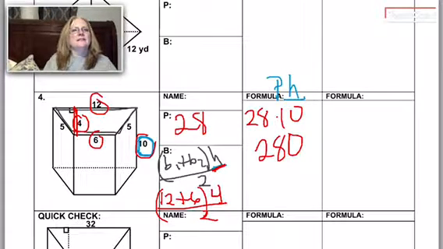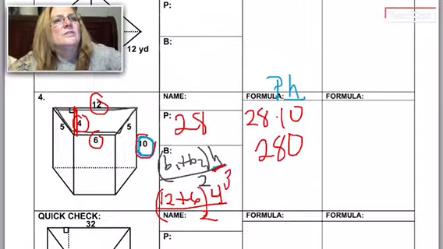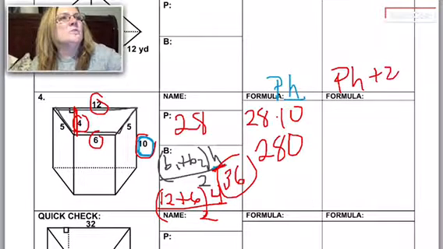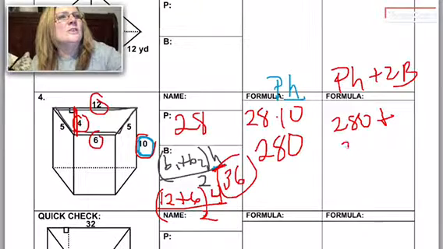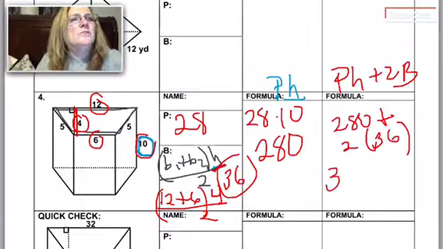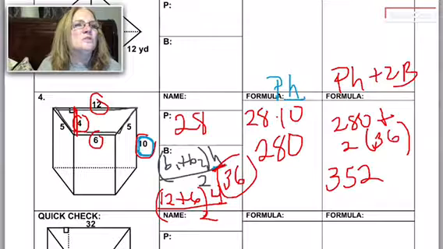So that's 18 times 4 divided by 2, and that is 36. So this formula here, pH plus 2b, is 280 plus 2 times 36. And that is 352, and they don't give us a unit, so just units squared.